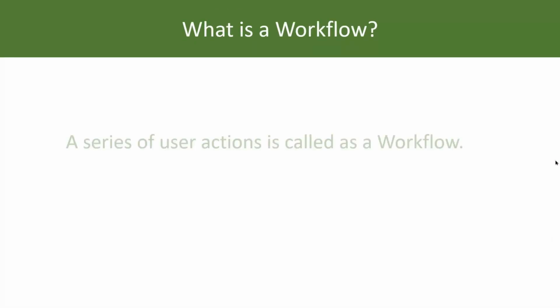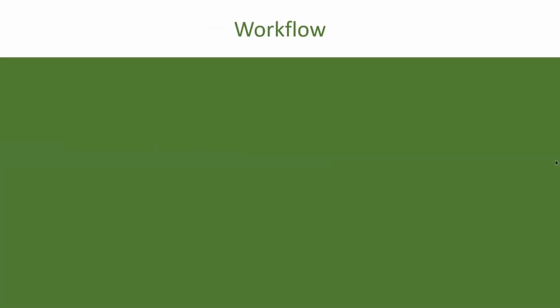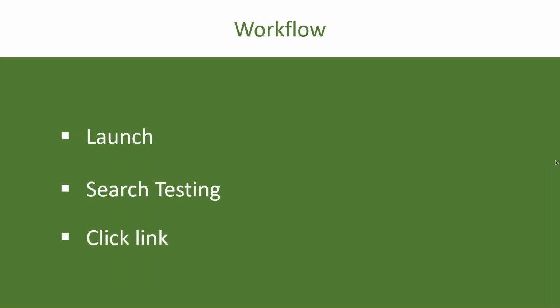So what is a workflow? A workflow is just a series of user actions. For example, these three user actions are exerted on the page Wikipedia. It's launch, search for testing, and then clicking on the link.